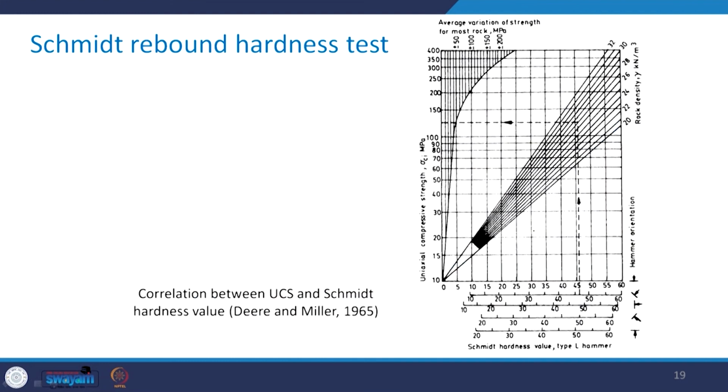See here that you have the correlation between UCS and Schmidt hardness value. This is given for the L type hammer.